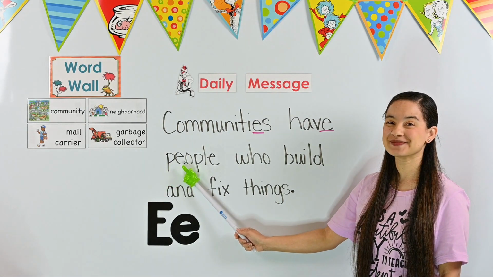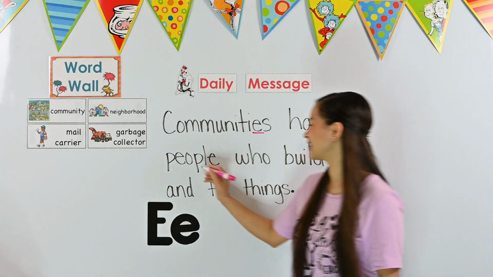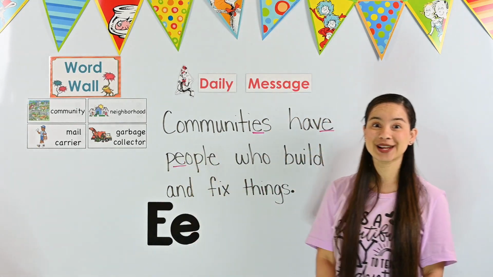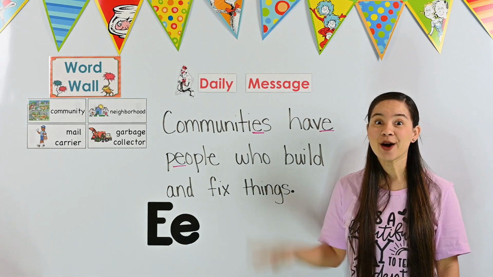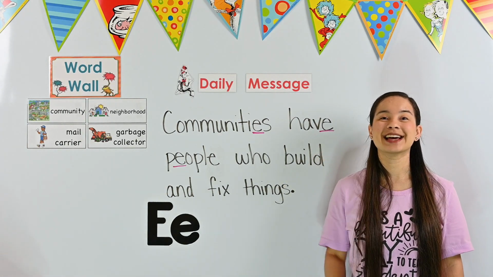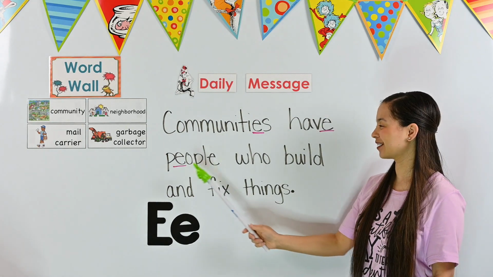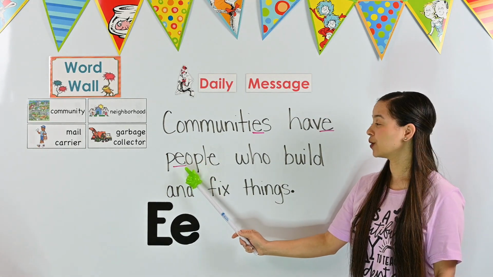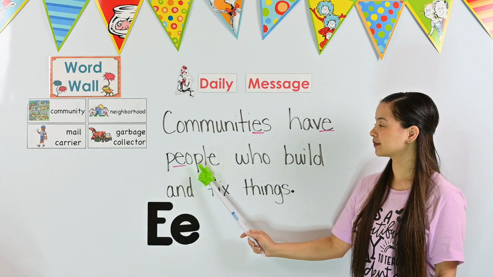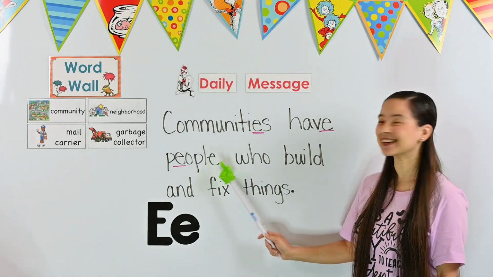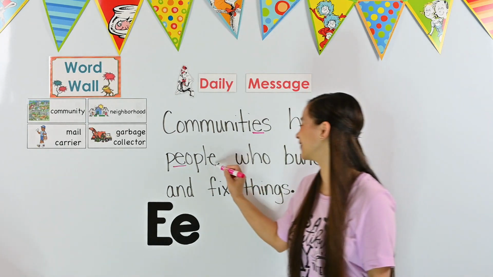Did you say stop? Good job. This is another E. It's another lowercase E. Okay, we found 3 E's. That means we only need to find 1 more. Ready? Let's keep looking. Remember, say stop when I'm pointing to one. Look, here is another E. Great work.